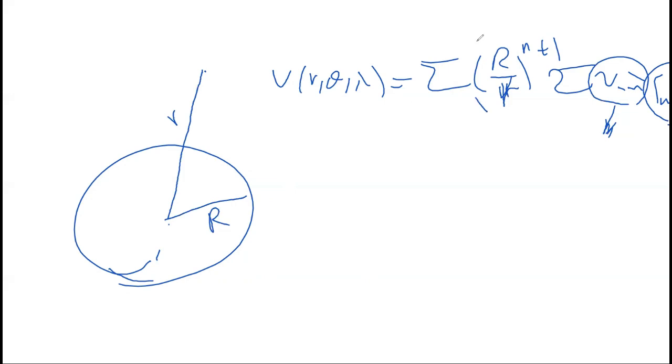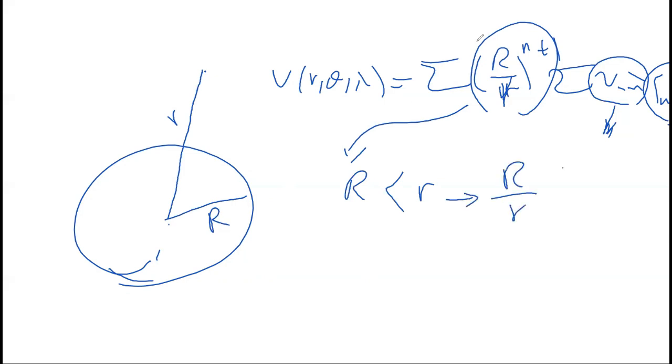And this is true, because r is always larger than R. This means that R over r is always smaller than 1. And when it gets power n plus 1, it gets even smaller.